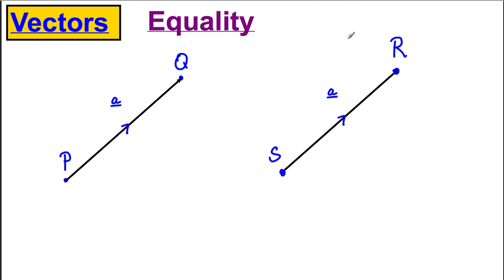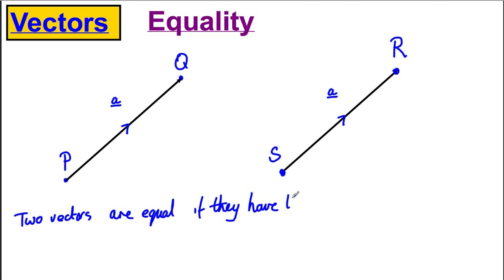Well, yes, two vectors are equal if they have the same size or magnitude and the same direction.